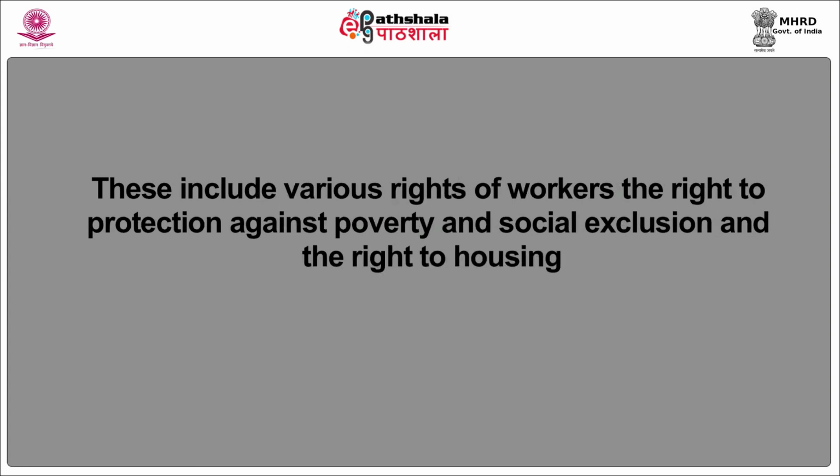These include various rights of workers, the right to protection against poverty and social exclusion, and the right to housing. Part 2 then sets forth a range of binding obligations on states, including the right to work, the right to health, the right to social security, etc.